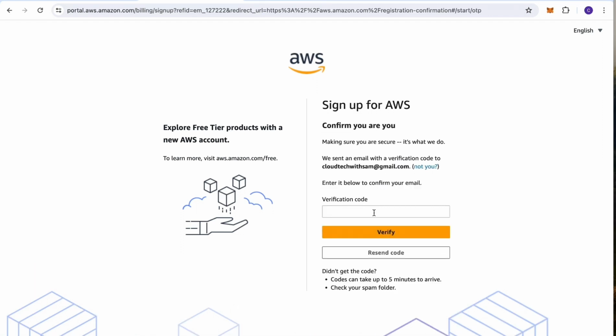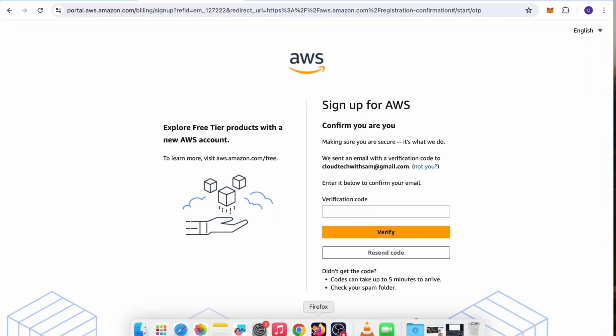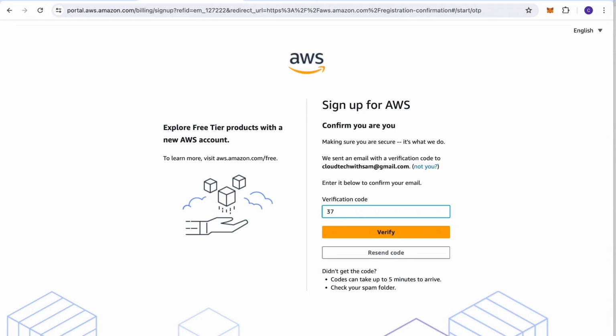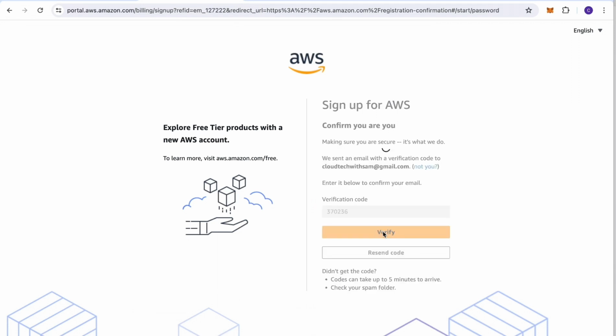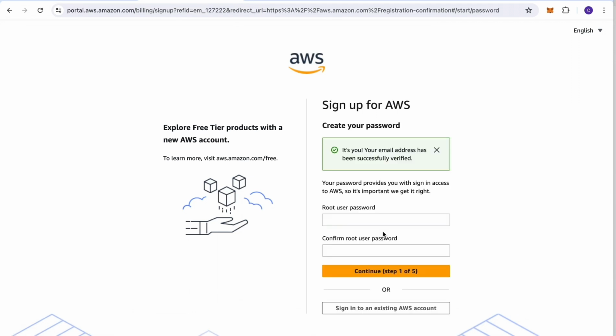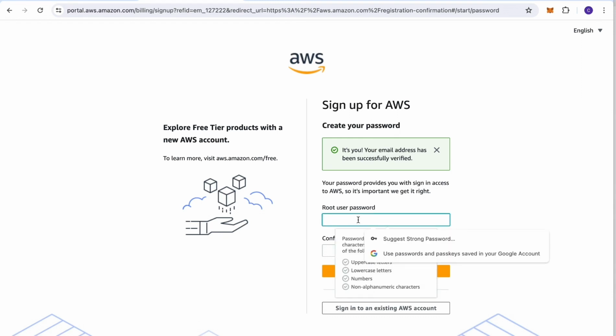Okay, so I'm going to go through my email. Let me be sure of the code. Okay, so verify. Okay, it's gone through. So now we are going to provide our root password.